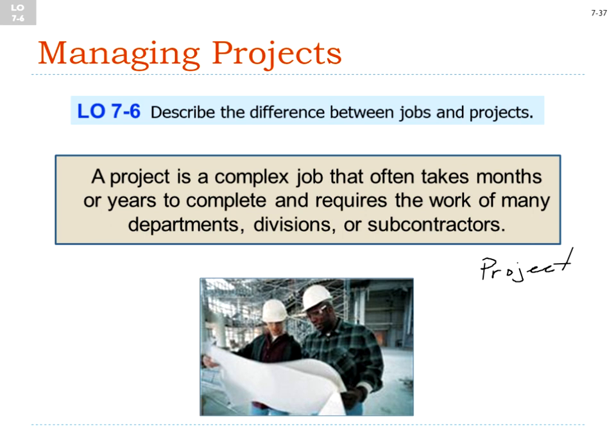So projects are usually complex, and they can take months or years to complete, whereas a job would be smaller. You know, if a project's going to take a year, a job might take a month, 2 months or so. So that's really the only difference between the two. A project is a big compilation of jobs. A job is one part of a project.